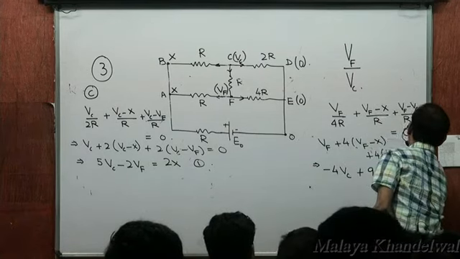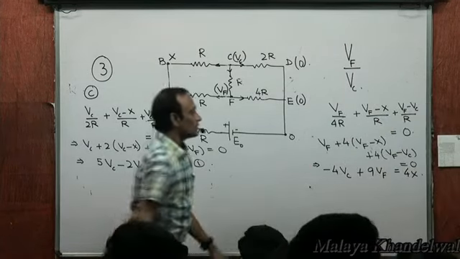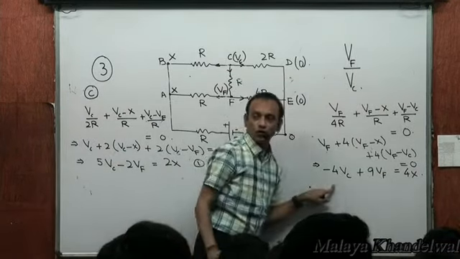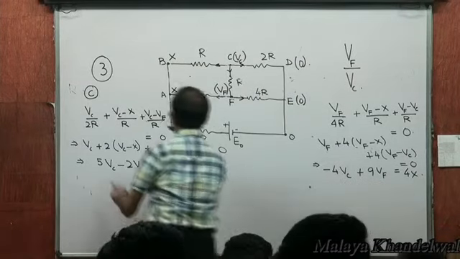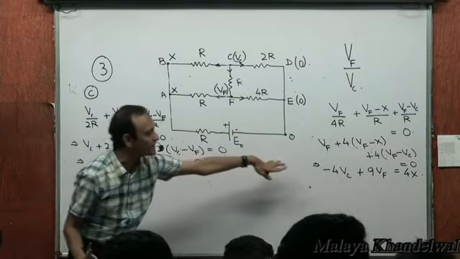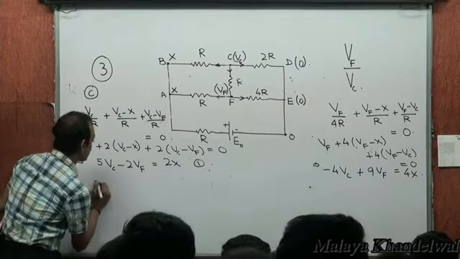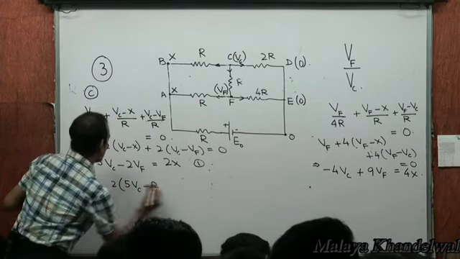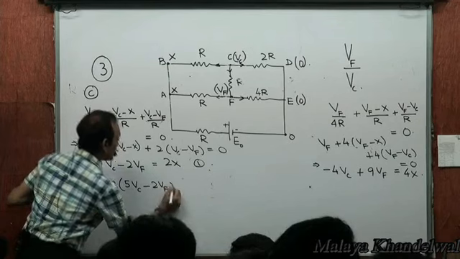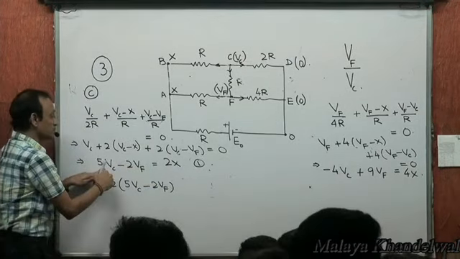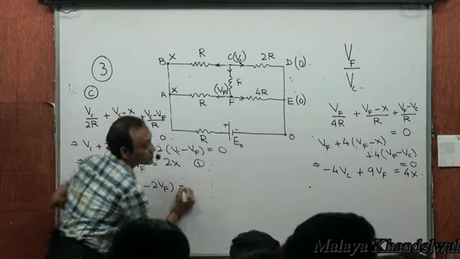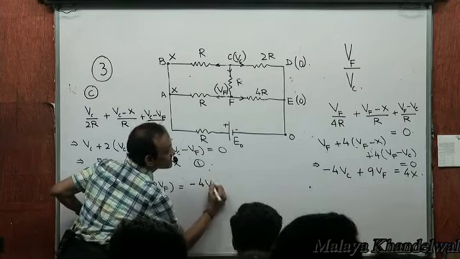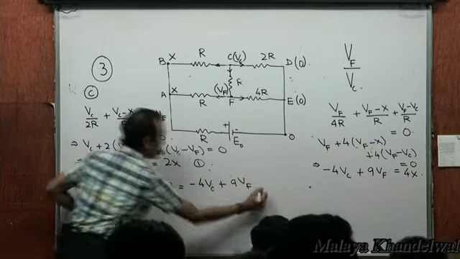equals 4x. That means this must be twice this, because this is 2x and that is 4x. So this expression must be twice this expression. I hope I have not made any mistake there. Which means twice 5Vc minus 2Vf, this is 4 times x, and that must be equal to minus 4Vc plus 9Vf, right?